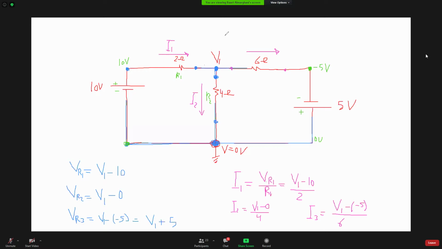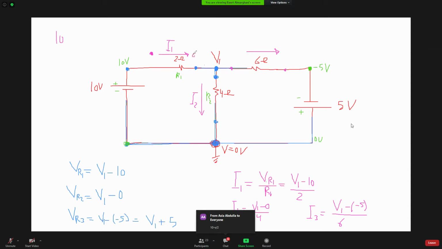Can anyone give me the formula for this current now? What is the voltage at this side? 10.